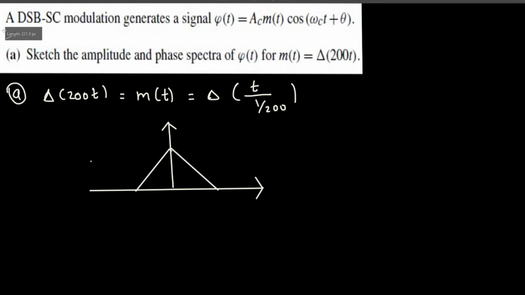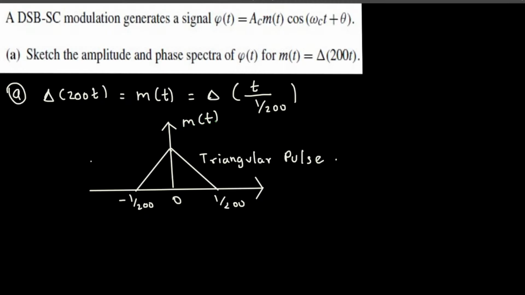So it has a negative 1 over 200 and also a positive 1 over 200. And this is m of t, and we are writing it with respect to time. Okay, so this is the graph for the given m of t.